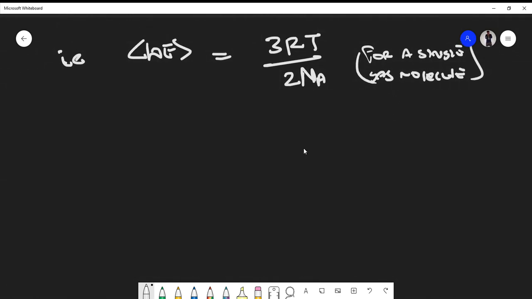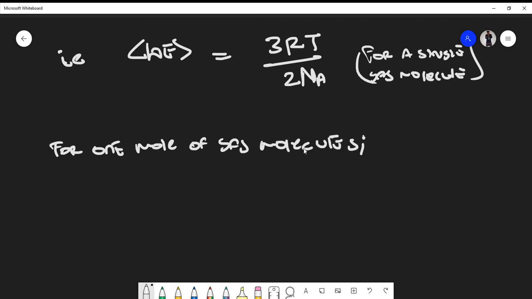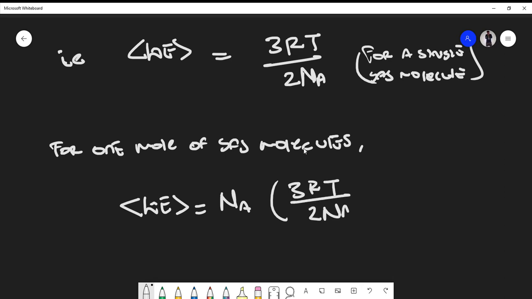We could apply the same principle for 1 mole of gas molecules. If we apply the principles for 1 mole of gas molecules, then we're essentially saying that the average kinetic energy is equal to NA, Avogadro's number, times 3RT over 2 NA.